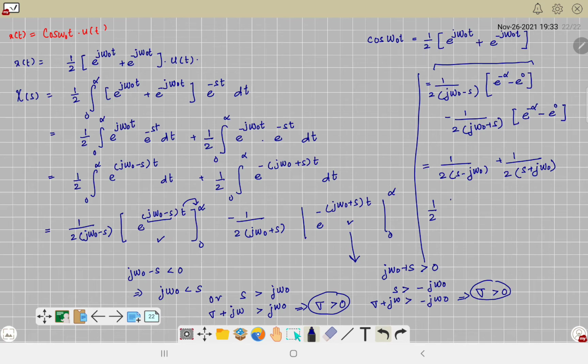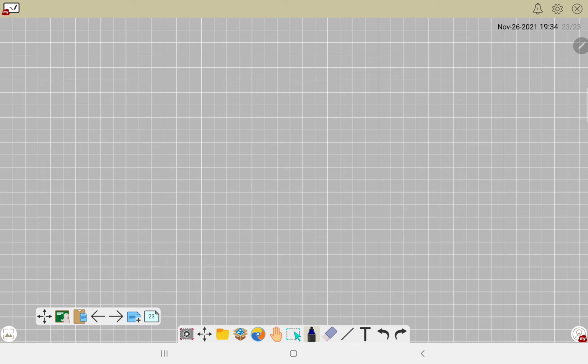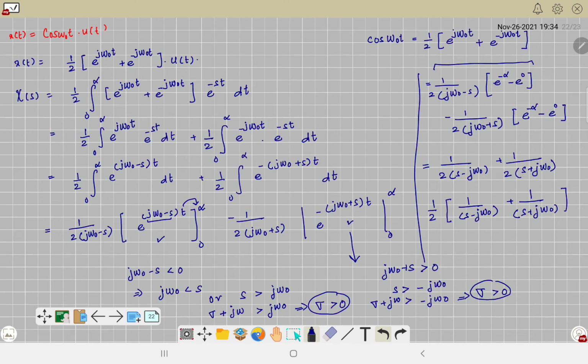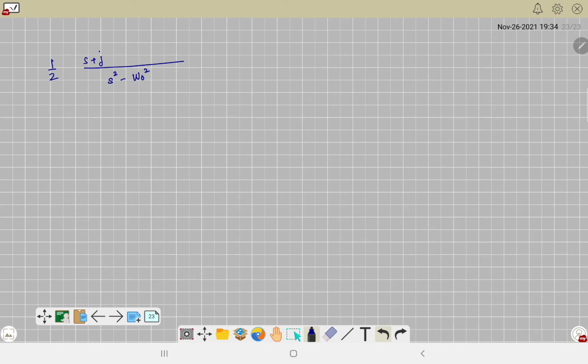So you can simplify it further. I think let's take 1 by 2 outside. It will be 1 by s minus j omega naught plus 1 by s plus j omega naught. If we factorize it, it will be 1 upon 2 s square minus omega naught square, s plus j omega naught plus s minus j omega naught.